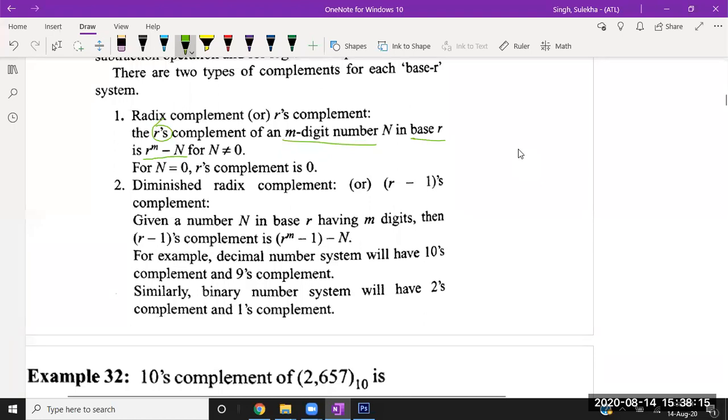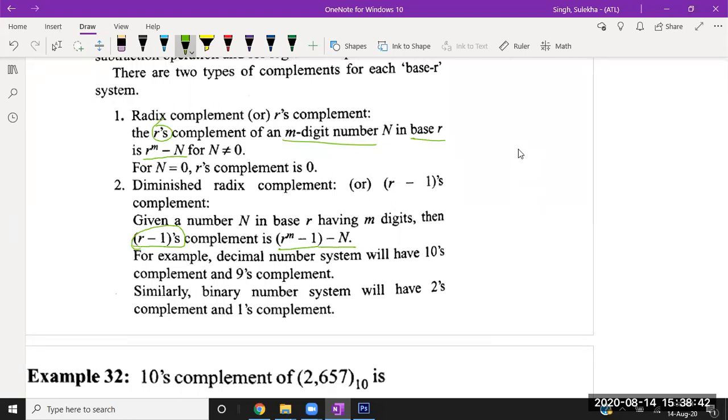The second thing, whenever you are calculating R minus 1 complement, you need to subtract 1 from this, and it becomes R to power m minus 1 minus n. Here m is the number of digits in that number, n is that number, and R is the base of that number.